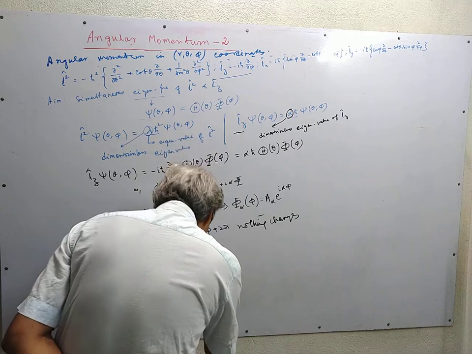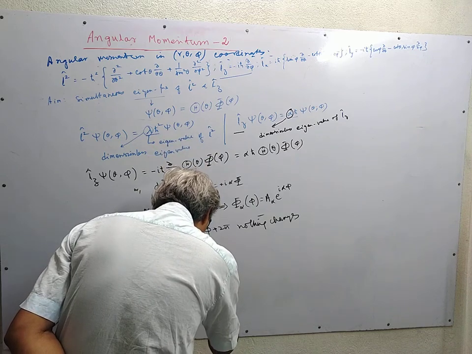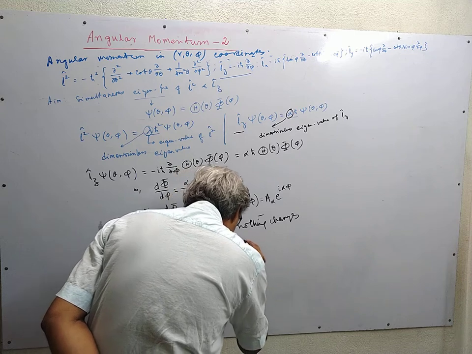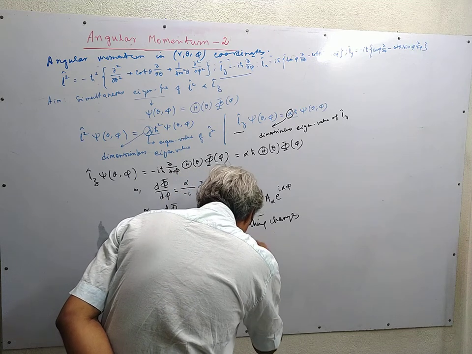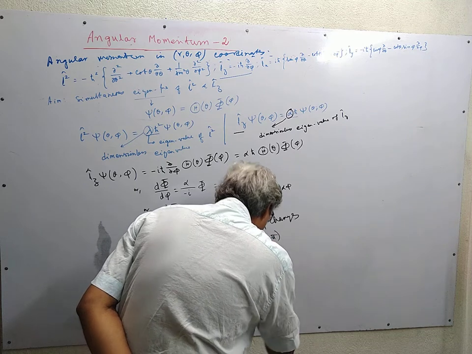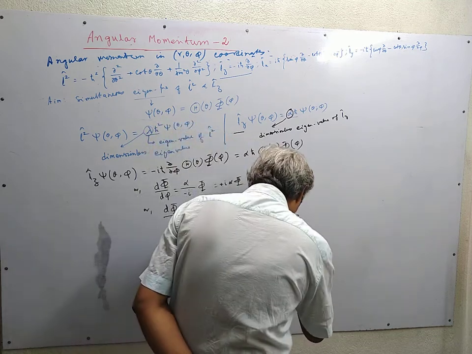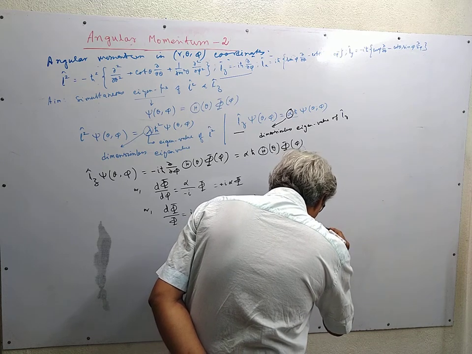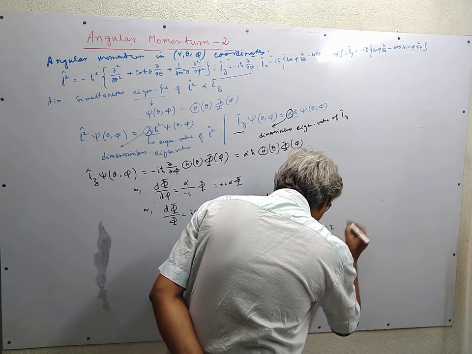That is, this equation leads to the fact that alpha is equal to n, which belongs to integers.